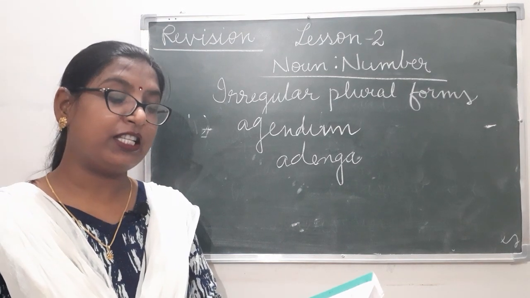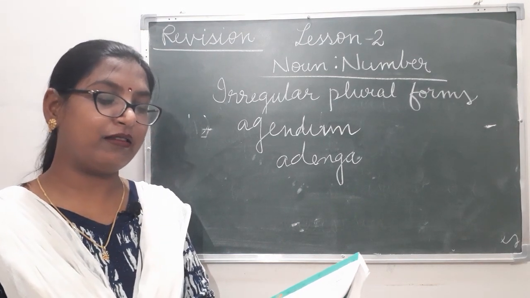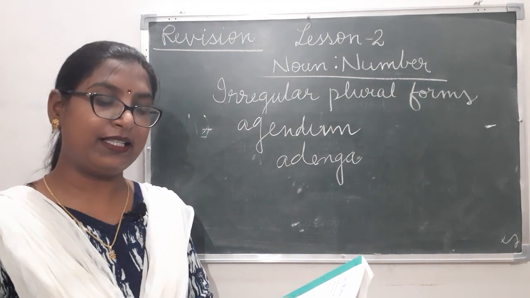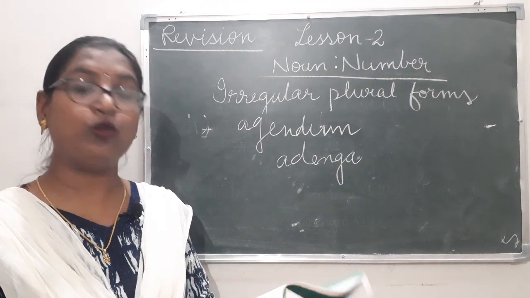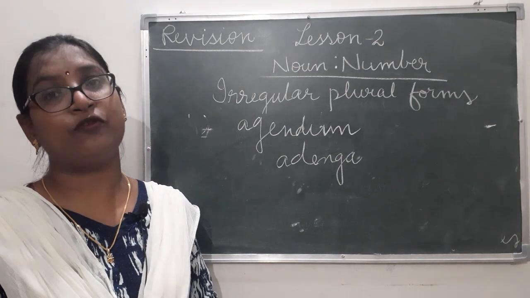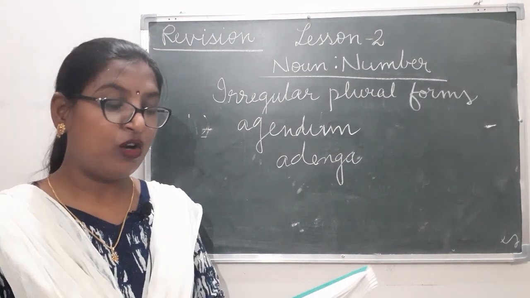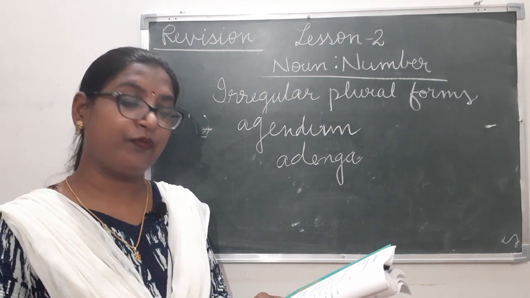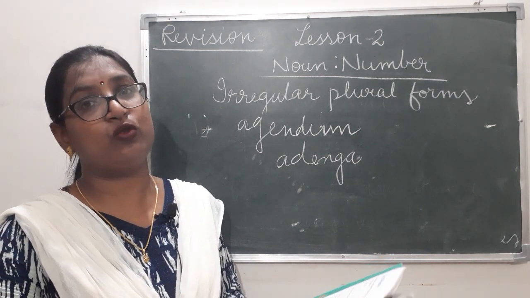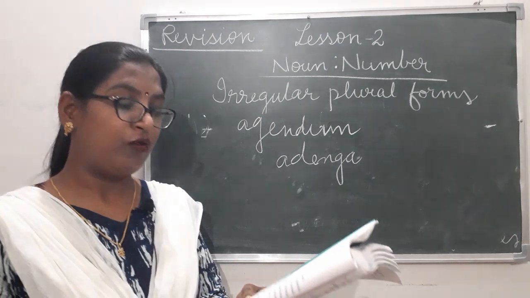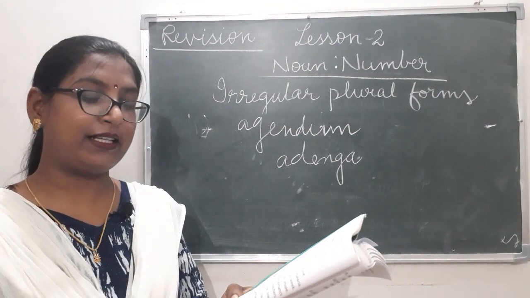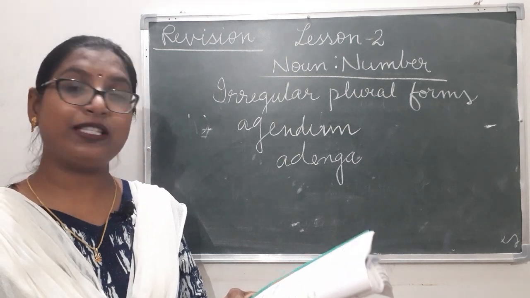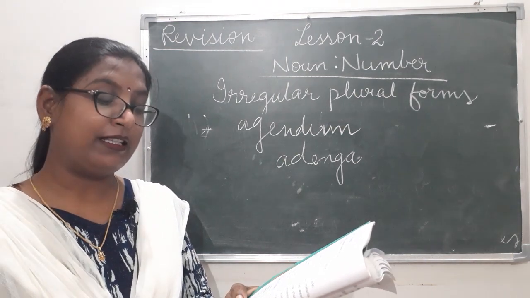Next point is, some nouns ending in either s or ics are usually singular uncountable nouns and have no plural forms. For example, aerobics, gymnastics, news, physics, politics, statistics.